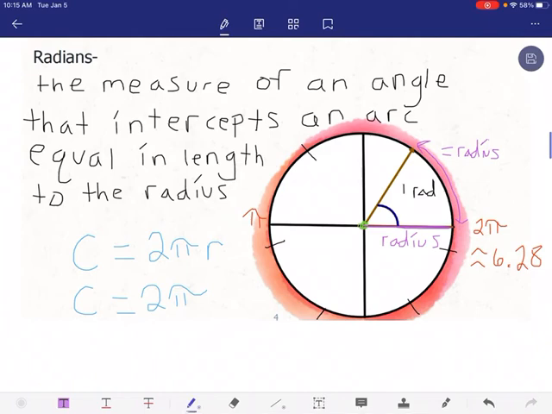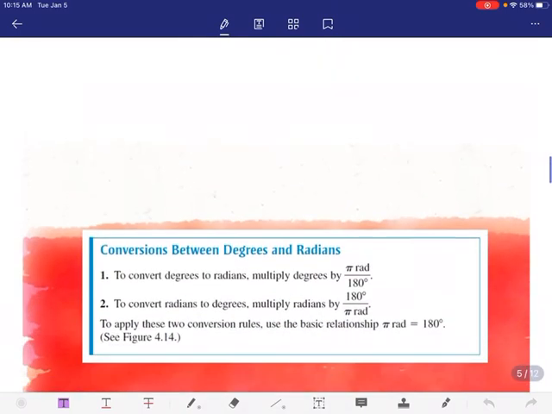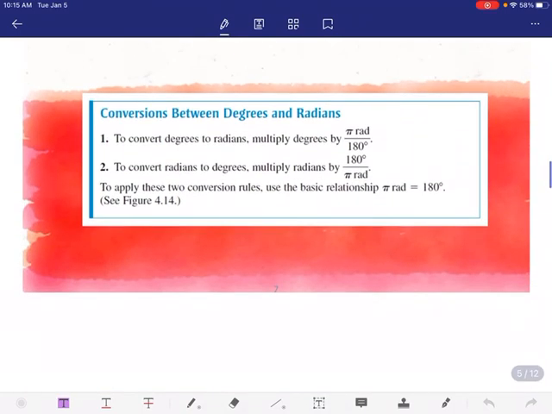And then going half of that would give us pi over 2. So in general, if we need to convert between degrees and radians, we have a nice conversion rate. Because when we multiply, remember that we want to reduce whatever we have.